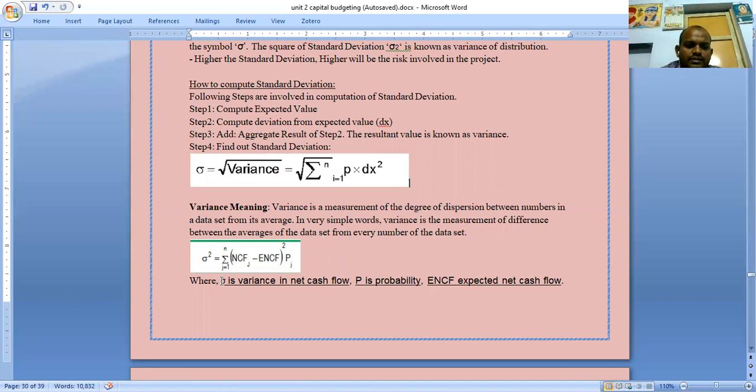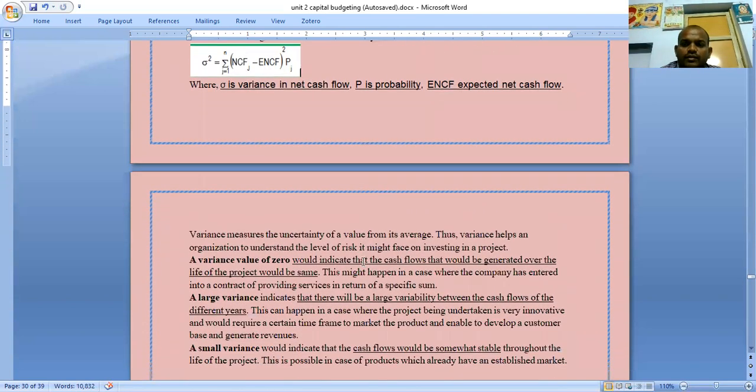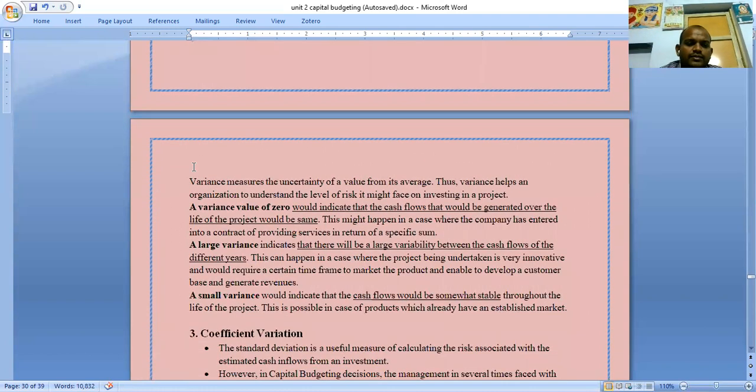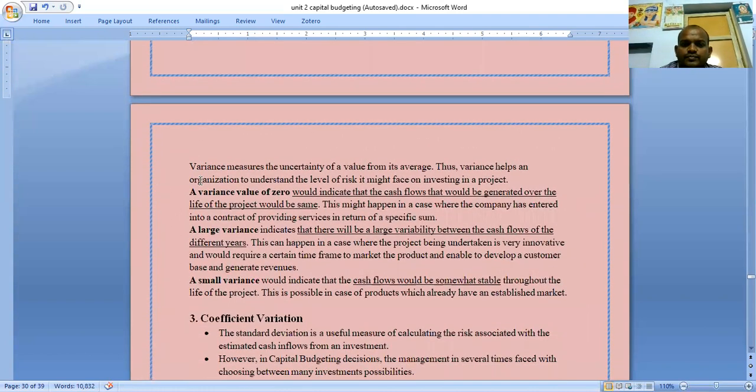In this formula, this symbol is the standard deviation, the variance in the net cash flow, P is the probability, ENCF is expected net cash flows. So this is the formula. Anyhow, we'll go with the example, then you will understand clearly how to calculate it.